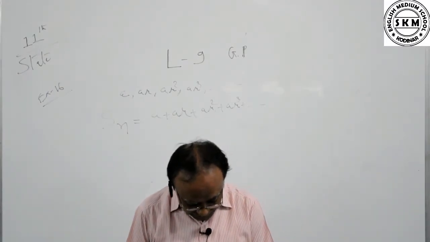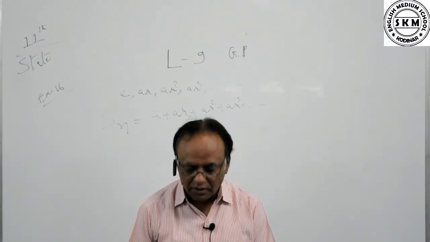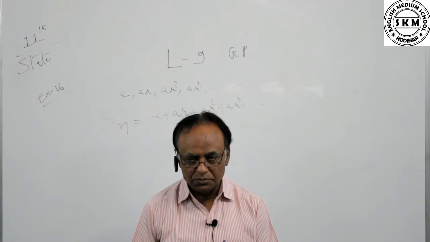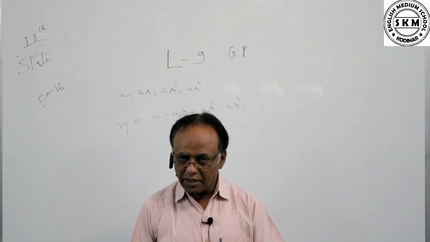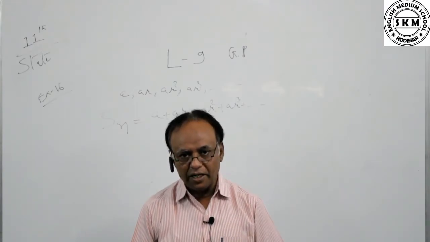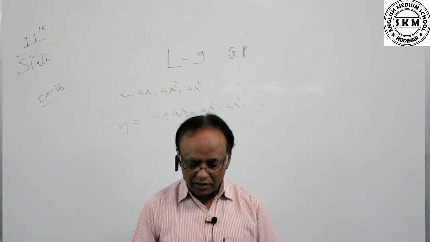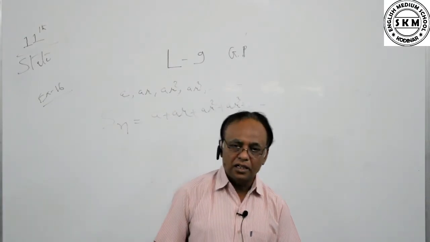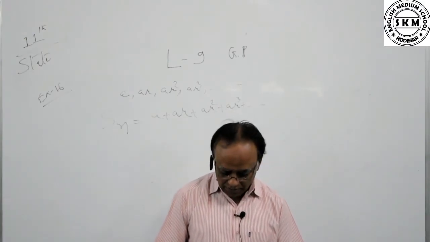First, Tn plus 1 upon Tn is equal to R, where R means the common ratio. Second term divided by first term, third term divided by second term, fourth term divided by third term. So the general format is Tn plus 1 upon Tn is equal to R.